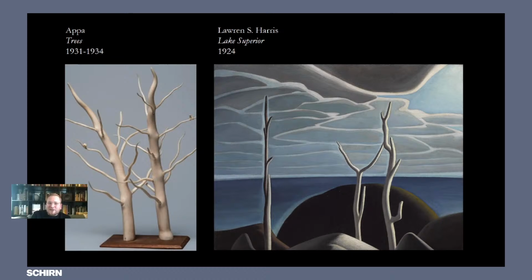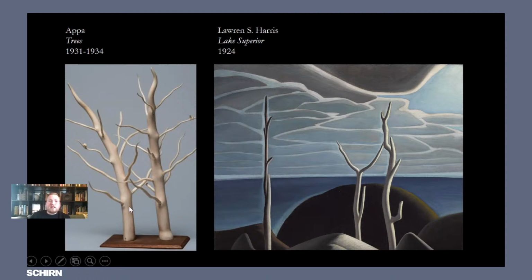But I think what's especially interesting is that if you look very closely, you see these small, miniature carvings of animals that are living, or at least temporarily, on these branches.